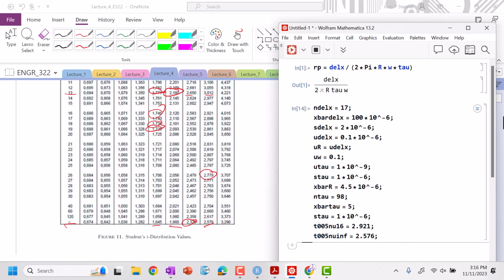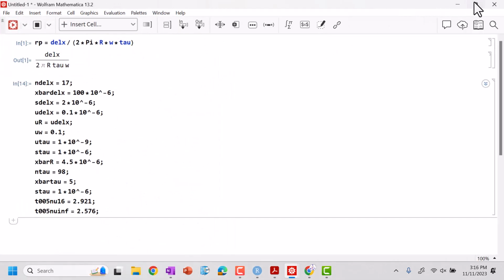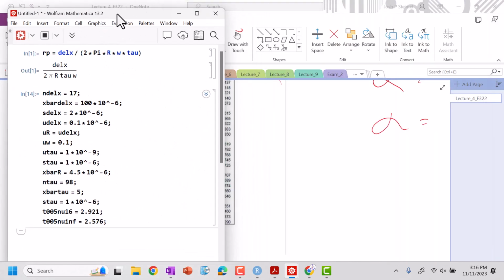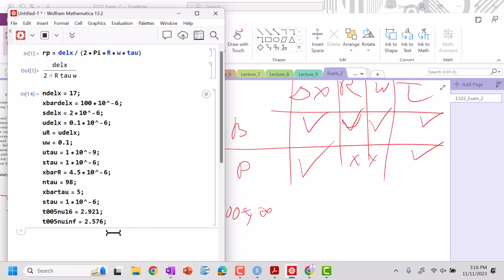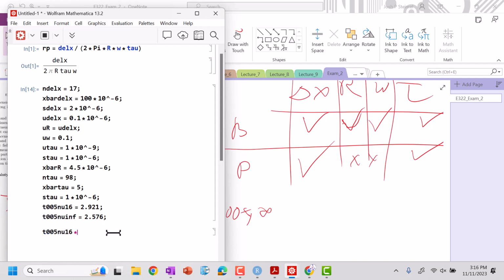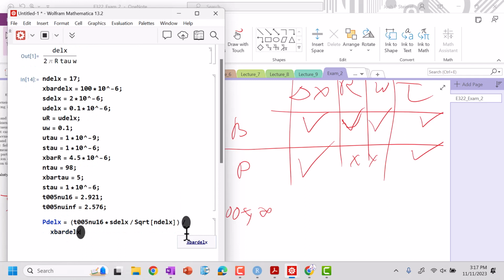All right, so let's get back to where we're at. Now let's pull it up again. So for my precision here, P del x is going to be equal to T 0.005 nu of 16 times our S del x divided by square root of n del x, and then we're going to take this whole thing and divide by x bar del x.